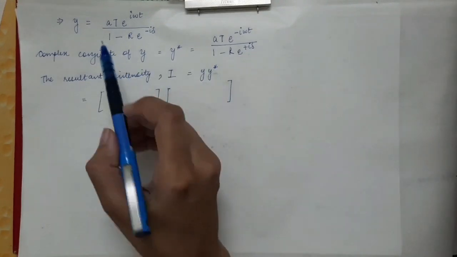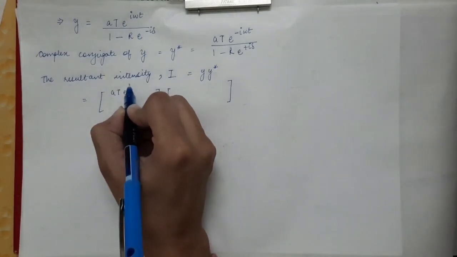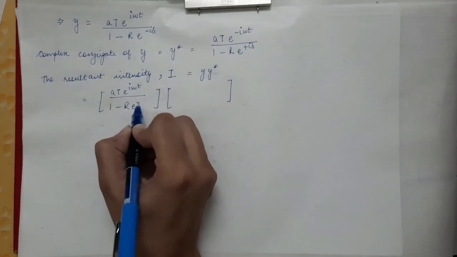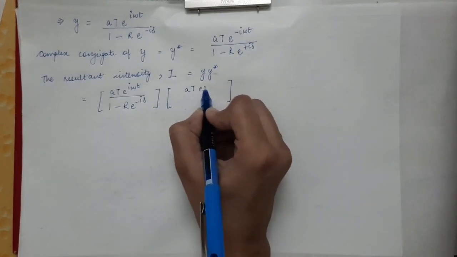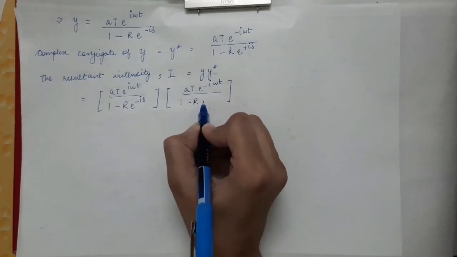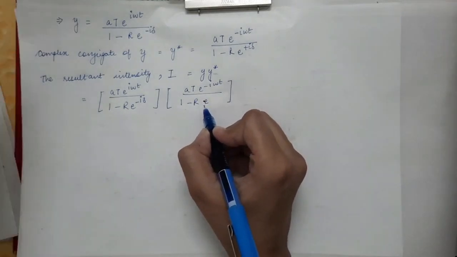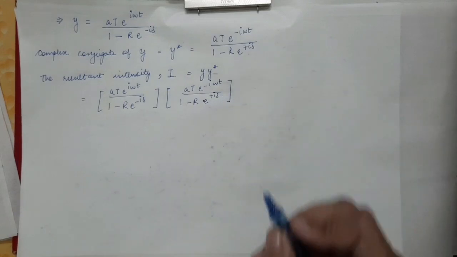So that will be at e^(iωt) over 1 minus r into e^(−iδ), times at e^(−iωt) divided by 1 minus r into e^(+iδ).